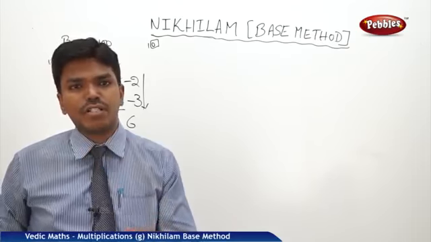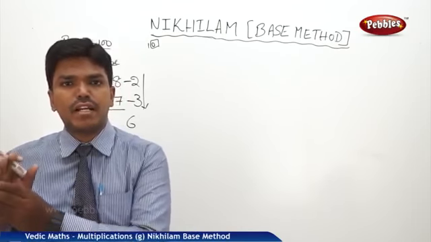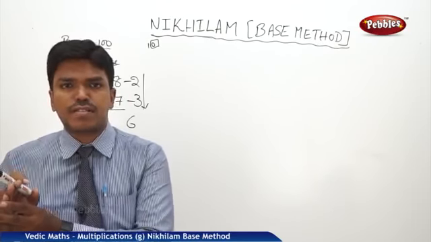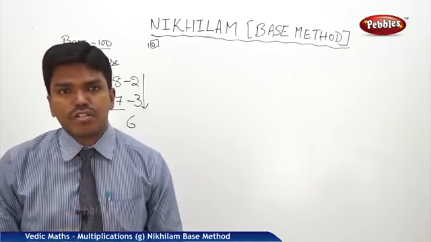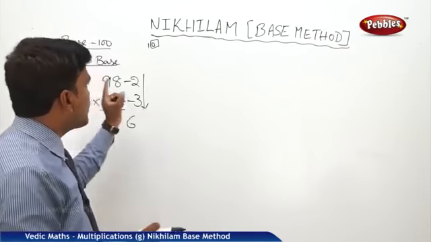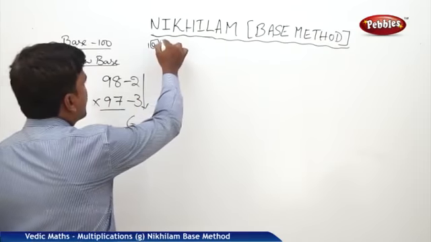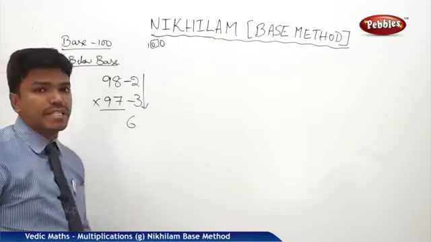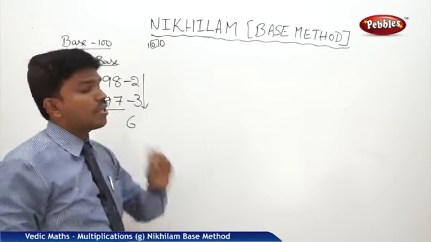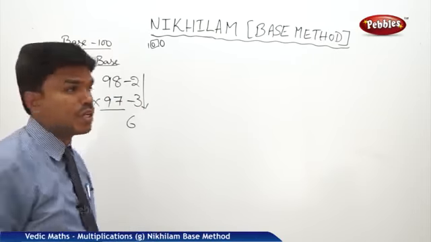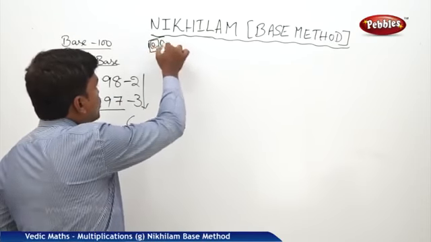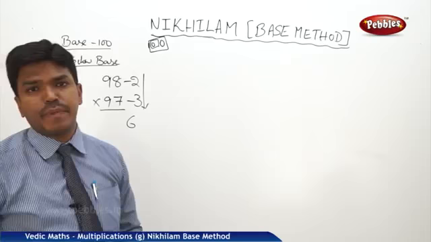And if it is more than one digit, what we did, we carried the extra digits to the next part of the answer. Similarly, here also we are going to do, when we are taking the base as 100. Now how many zeros are there? 2 zeros. Yes or no? There are 2 zeros in the base 100.